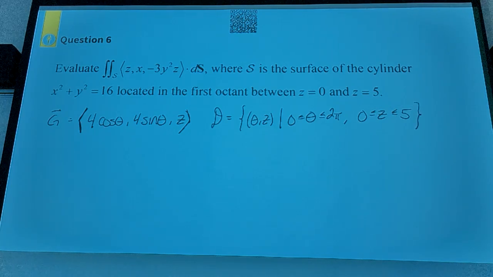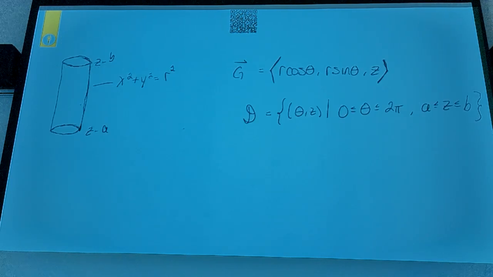There's the parameterization with its domain. To find the normal vector, we need the partial of g with respect to theta and with respect to z.